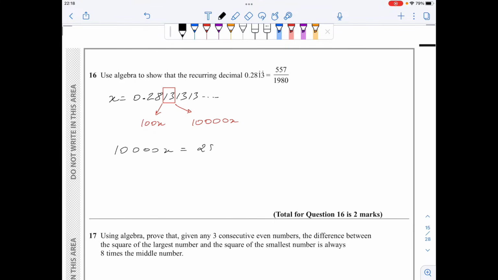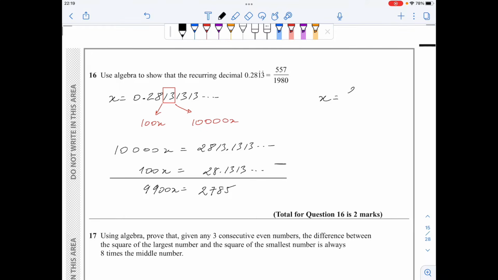10,000x is 2813.1313 and so on. Now 100x is equal to 28.1313 and so on, and I will subtract those two. So 9,900x is equal to 2,785.